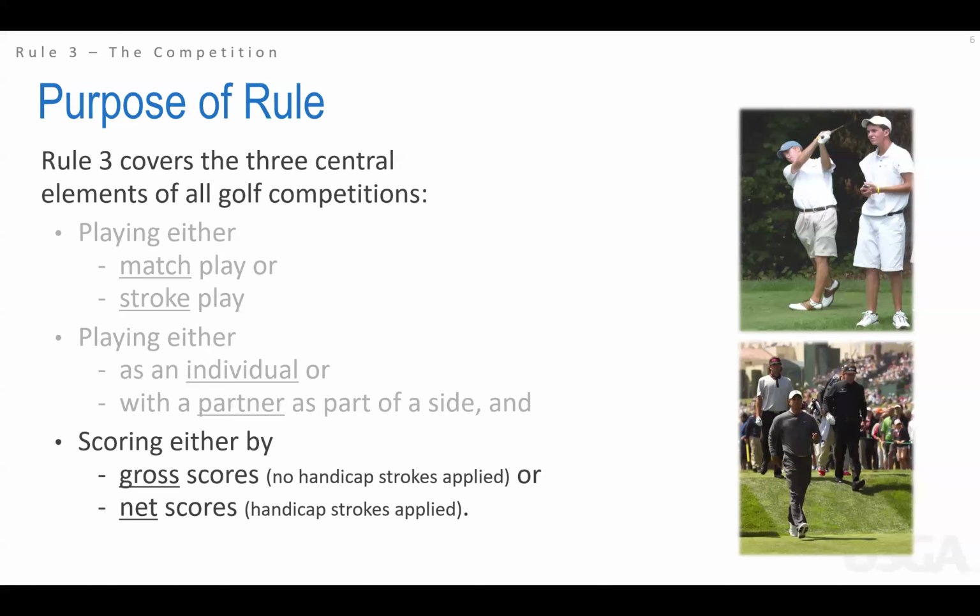So really, there are two ways to play golf, either match play or stroke play, but there are six buckets we can drop our ball in. Match play or stroke play being the first two, by ourselves or with a partner being the next two, and either gross or net scores being the third two. So six different buckets of how we play golf in a form of play.